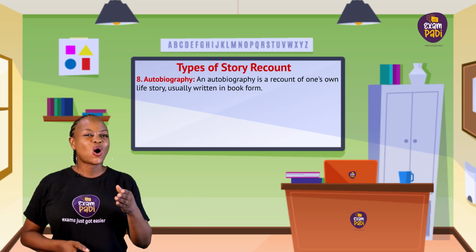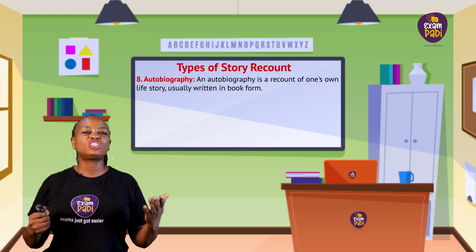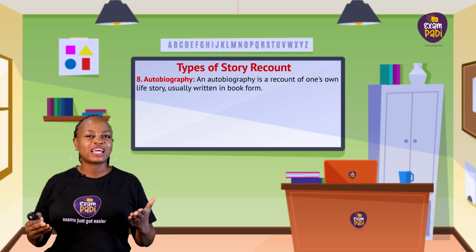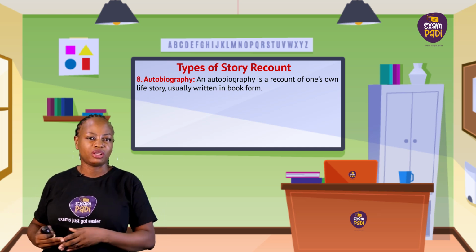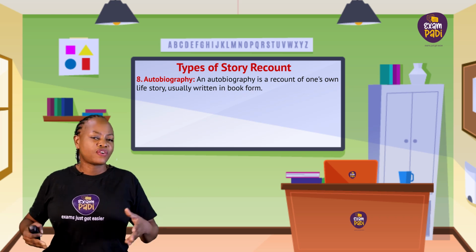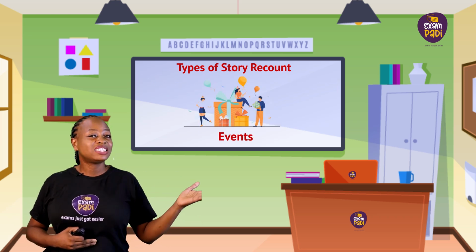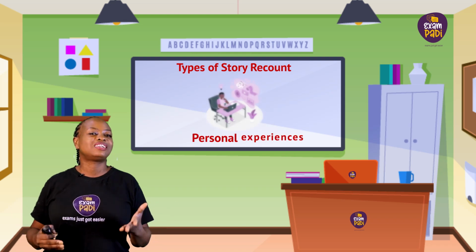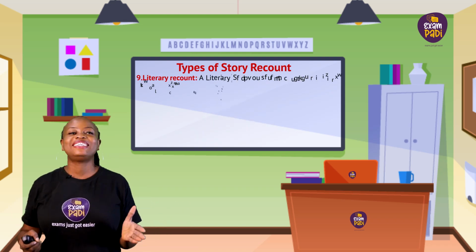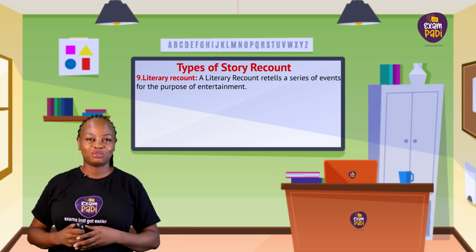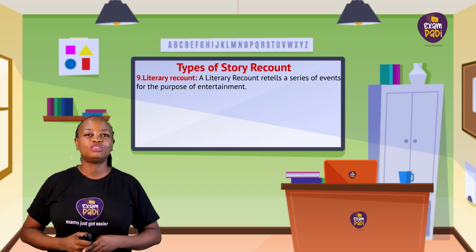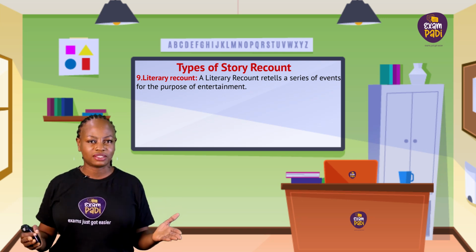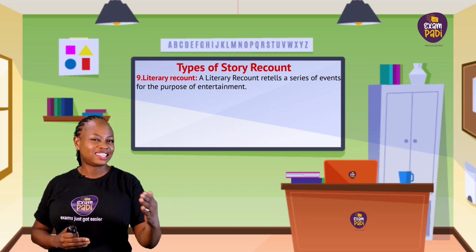8. Autobiography. An autobiography is a recount of one's own life story, usually written in a book form. It covers significant events, achievements, relationships, and personal experiences. 9. Literary recount. A literary recount retells a series of events for the purpose of entertainment.